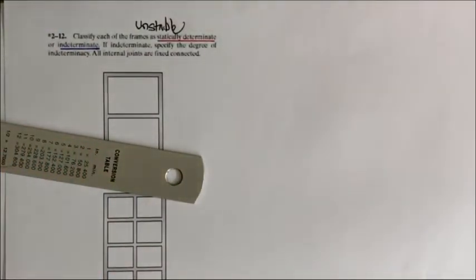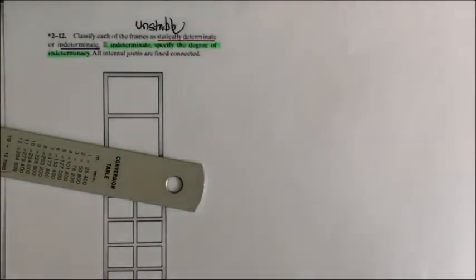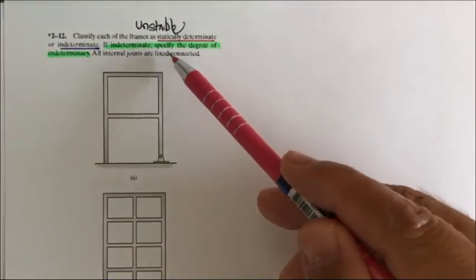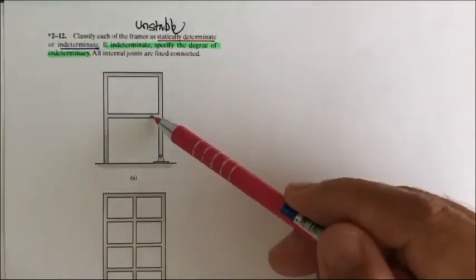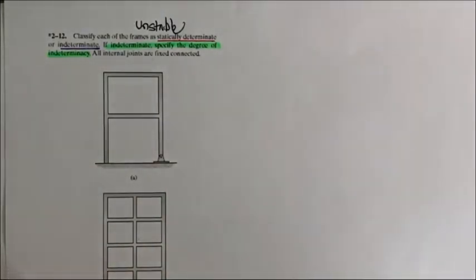And if it's indeterminate, they require us to find the degree of indeterminacy. All internal choices are fixed for these two problems, and the author is going to specify it.